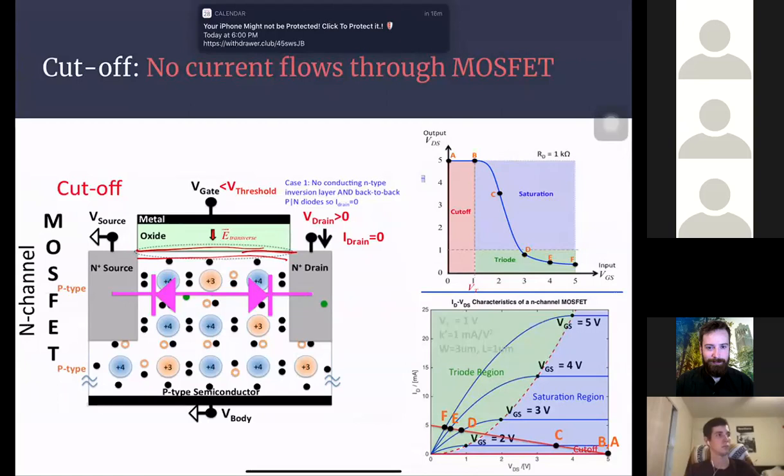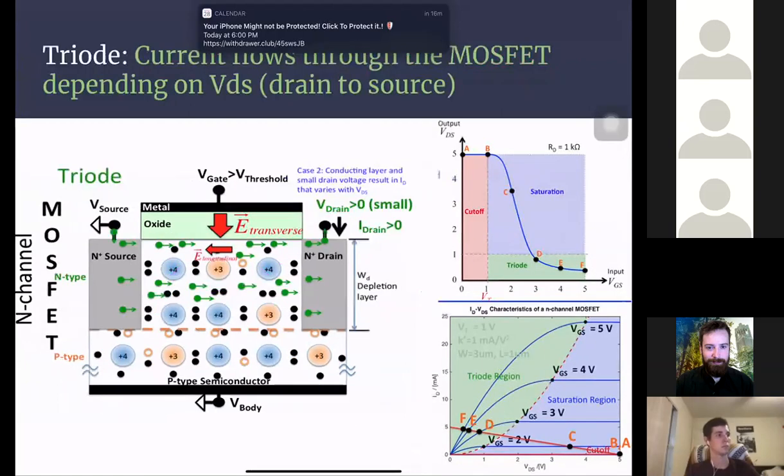So basically no current, that's it. And for the triode region, it's kind of the same. The current flows, but it's not ideal to use it there. Once this happens, the current flows. And because the drain voltage is small, the current flow is erratic. It's not controllable. The current does exist, but as I told before, it's not very useful.